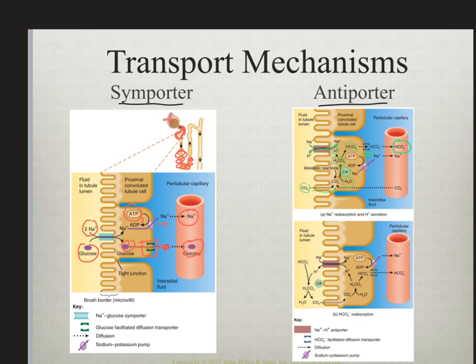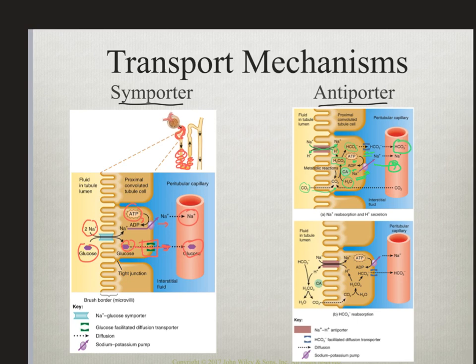Remember, we said that we are picking up a little more than 99% of that bicarbonate, reabsorbing it back into the blood. And the sodium is going to be no different. We use a sodium-potassium pump right here, so again, requiring energy. So we see ATP into ADP to get that sodium into the interstitium and then sucking it back into our peritubular capillary.